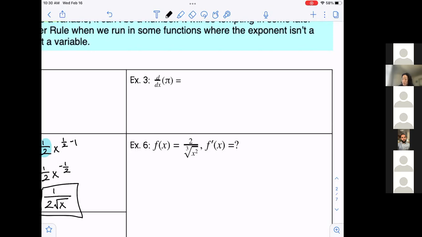Or would it be helpful for us to rewrite it first? What's our function that we're trying to take a derivative of? Okay, so the function we're trying to take a derivative of here is pi.